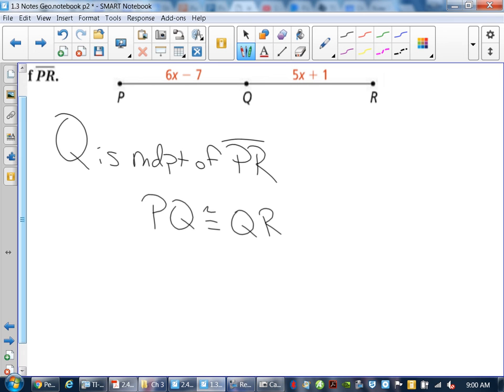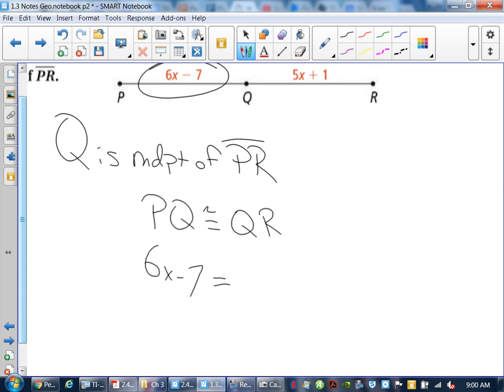Now, just like Shai was saying, when you have that fancy congruent symbol, it means the same thing as equality. So what is the value of PQ in our example? 6x minus 7.